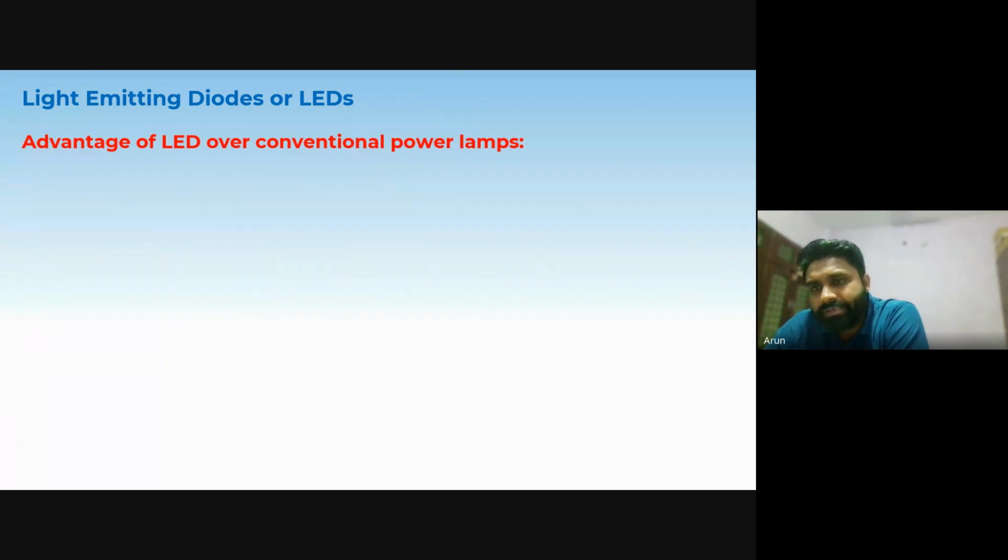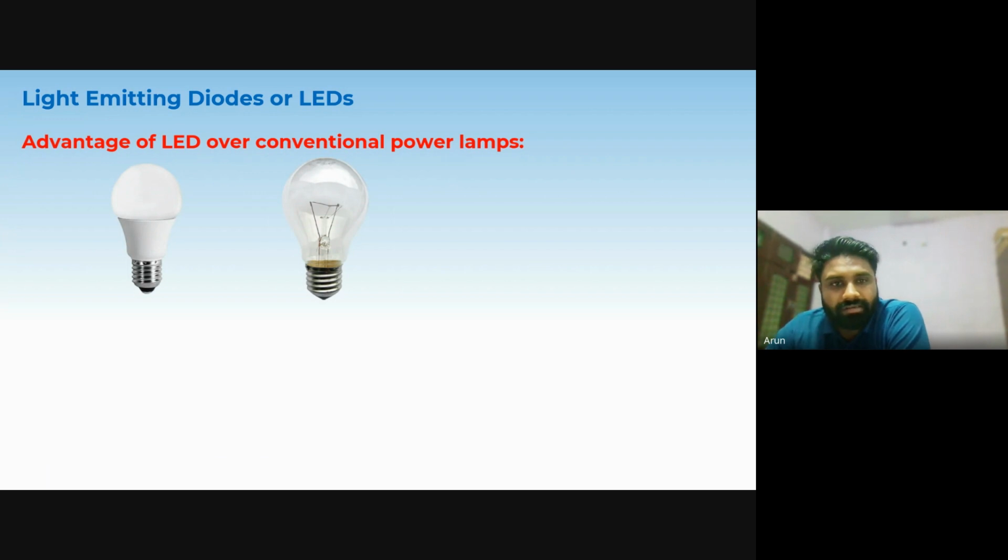कन्वेंशनल पावर लैंप्स, which means the tungsten वाले जो होते हैं ना कन्वेंशनल, उनके ऊपर क्या इसकी एडवांटेज है? इनकेंडेसेंट जो होते हैं, सोडियम लैंप जो होते हैं, so for that पहली डिसएडवांटेज तो इसकी यही है कि it will consume a very high power, this high power usage है इसका.